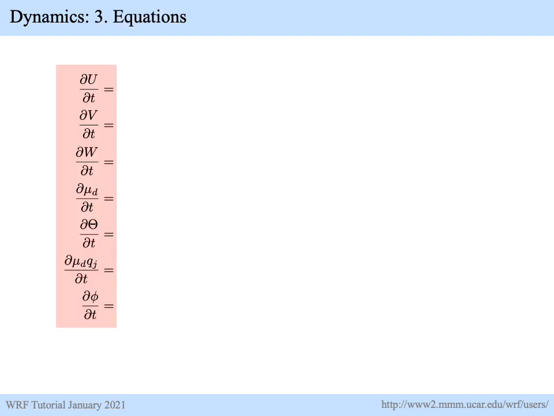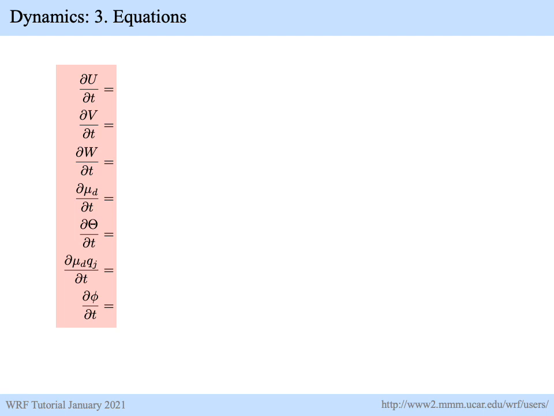So what do the full equations look like? That's what you're going to see in this next slide. We start out with the time rate of change of our prognostic variables. As I noted, u, v, w, the components of momentum, the column mass mu sub d, the coupled potential temperature mu sub d times theta.